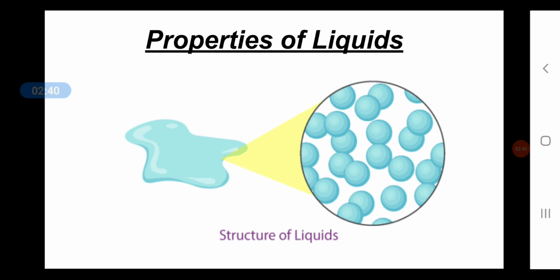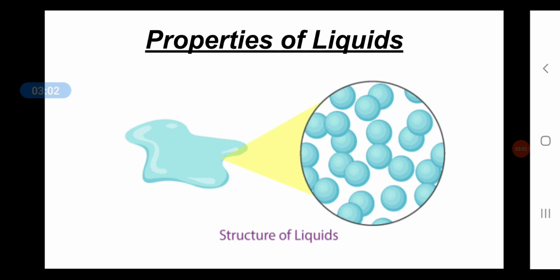But when you put this water into a beaker, this water takes the shape of the beaker. But the volume of water does not change. It remains the same. Liquids are also incompressible. That is, you cannot compress a liquid.